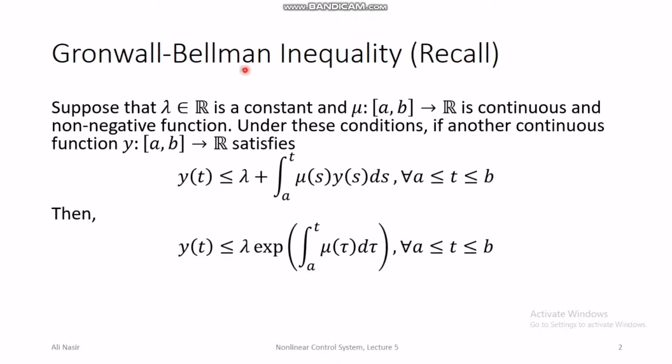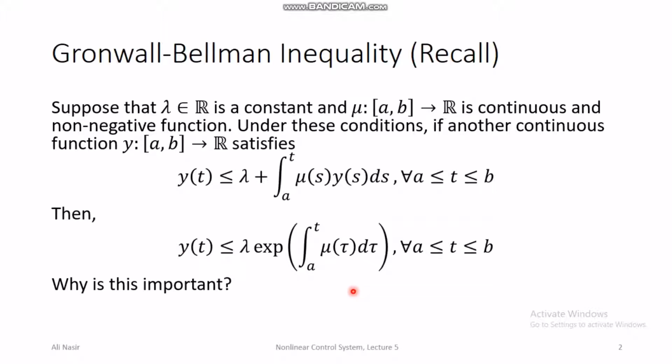So Gronwall-Bellman inequality basically converts such a bound into a kind of bound where the upper bound on the continuous function does not depend upon the function itself. Therefore we can do meaningful calculations using this bound.